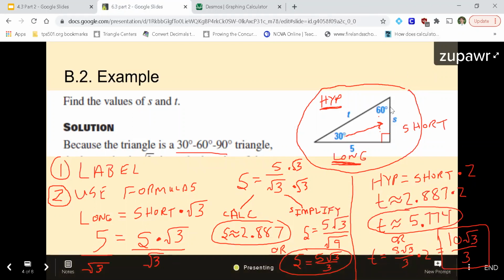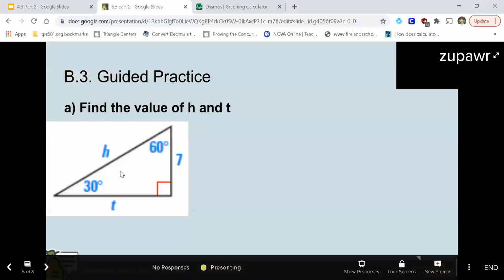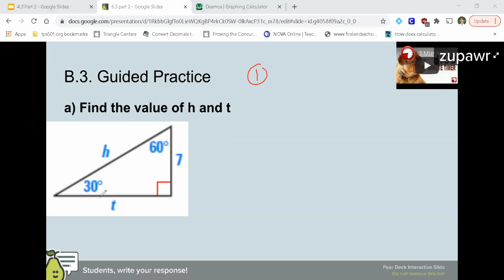Okay. All right. That is really the end of the lecture. The rest of the hour is going to be just practicing. So you try this one. Find the value of h and t here. The first thing you need to do is label your triangle.